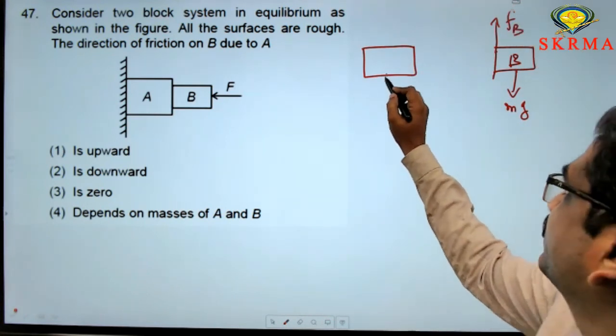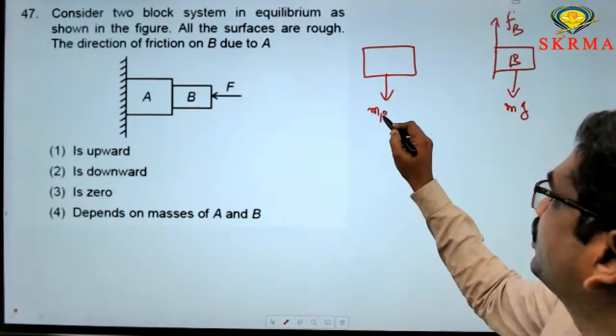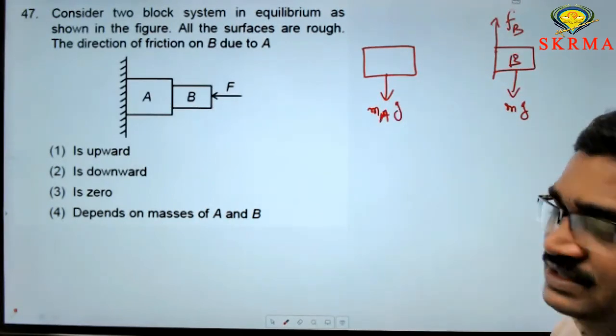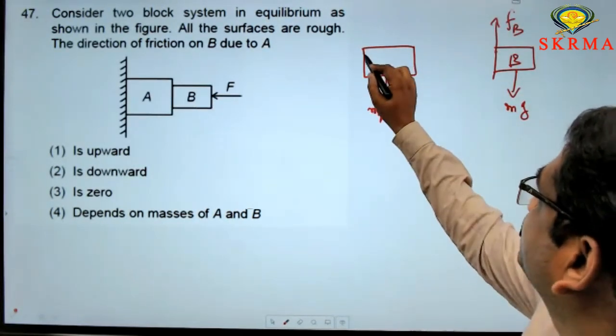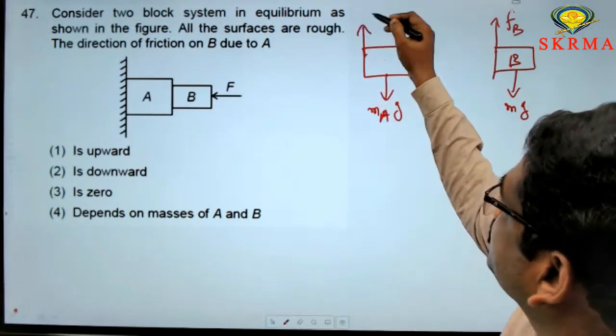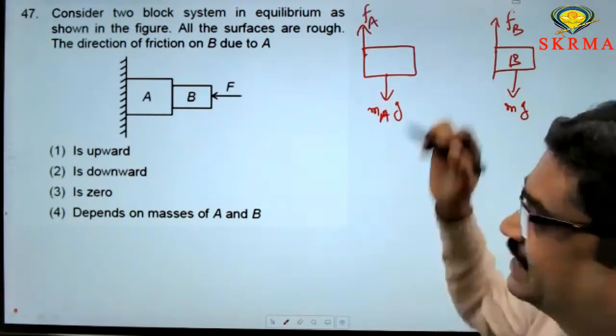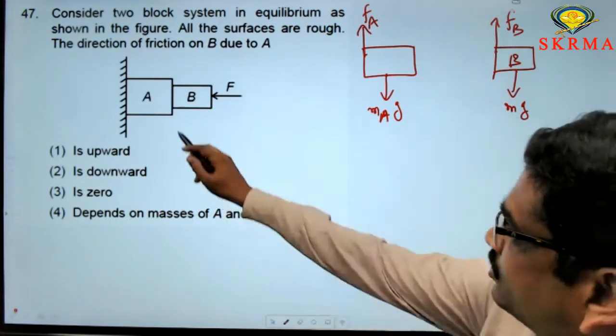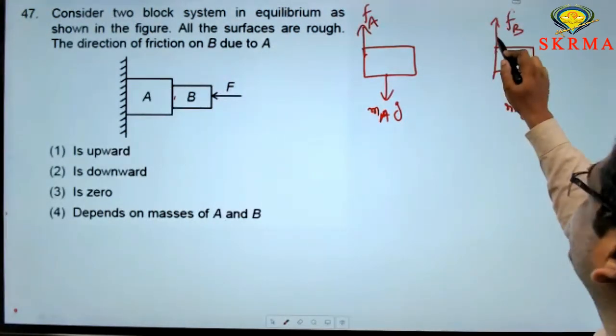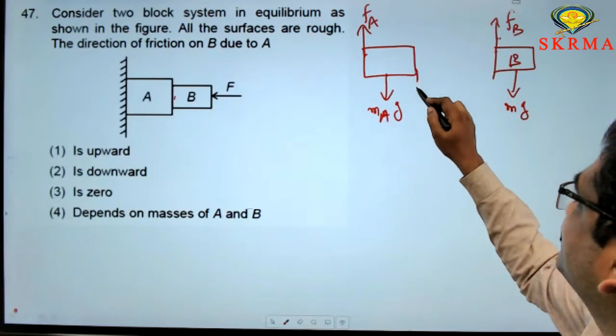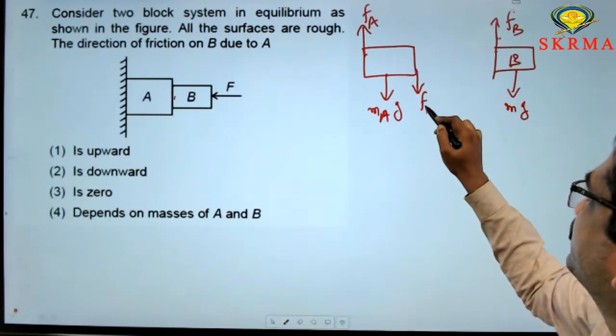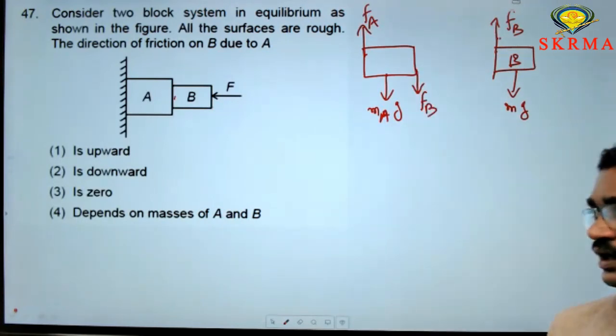Next, for A, the weight of block A acts downwards, and the frictional force Fa acts upward. Between these two, friction acts upward, so to balance it in exactly the opposite direction, Fb needs to act downward.